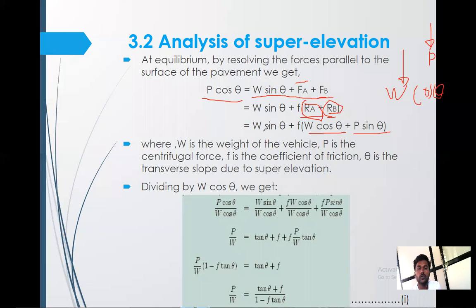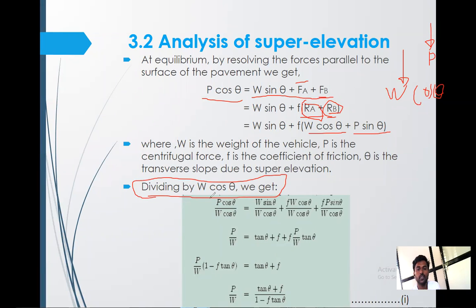Now we divide by W cos theta on both sides. If we divide by W cos theta on both sides, it will not change any value.